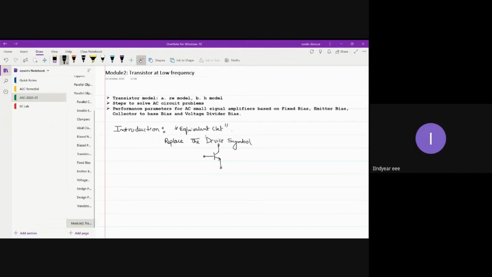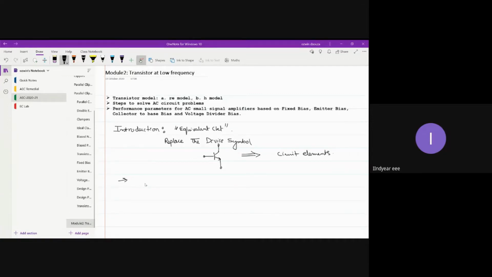Say, for example, since we are dealing with transistors, what we are going to do here is replace the transistor symbol with some wisely chosen circuit elements. The connection of these elements basically mimics the exact working of the device. So this is what is known as an equivalent circuit.